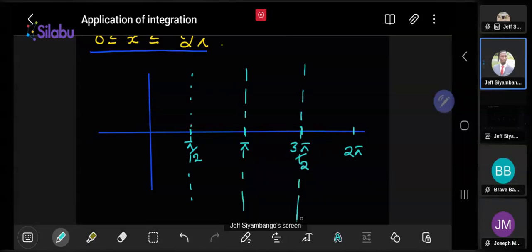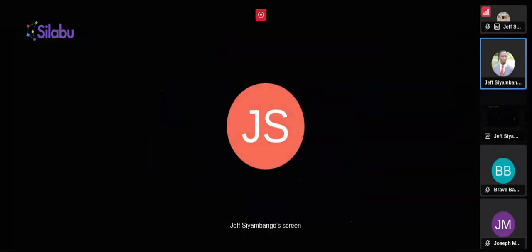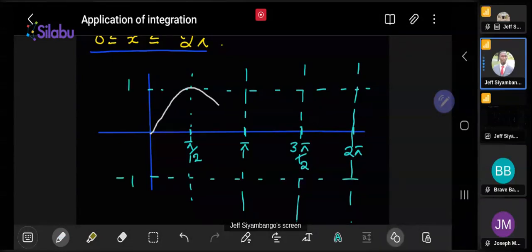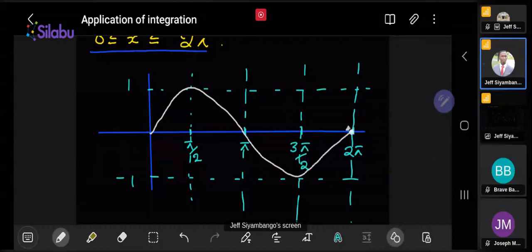Then we have all the way up to there. Now, of course, we know the maximum point is going to be 1. Like that, then like this, then like that, then back to that point.